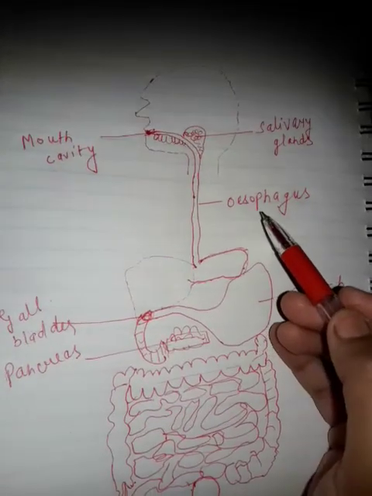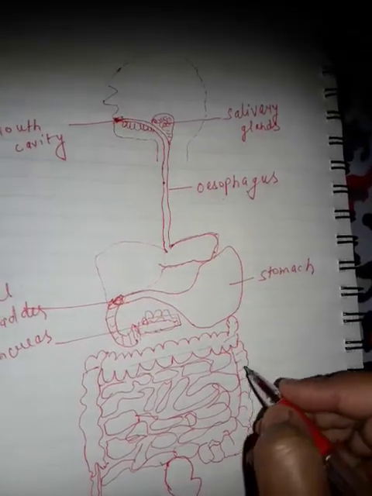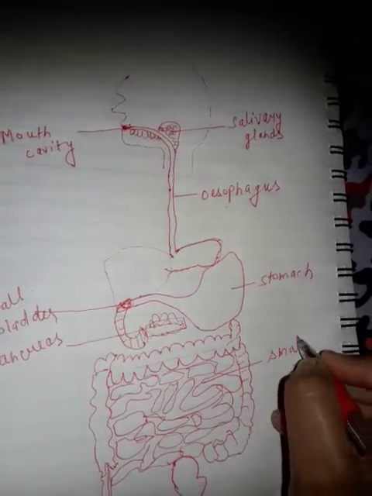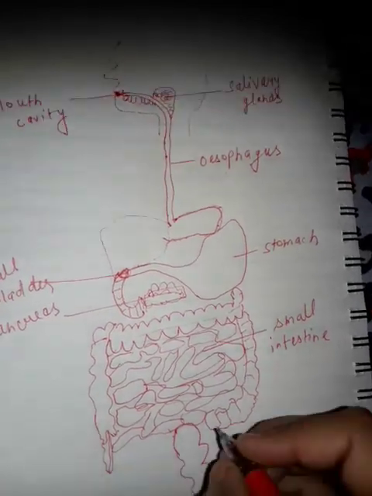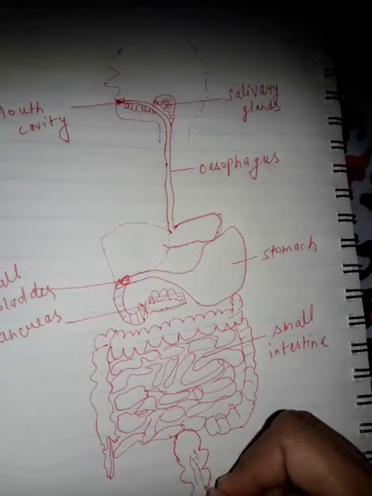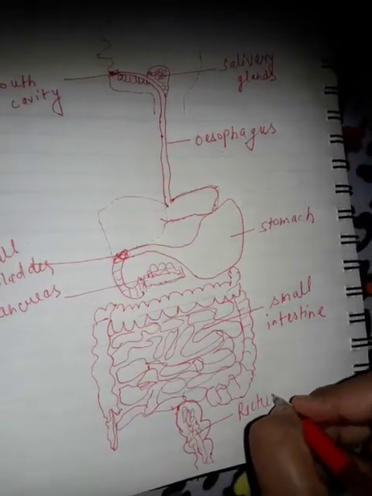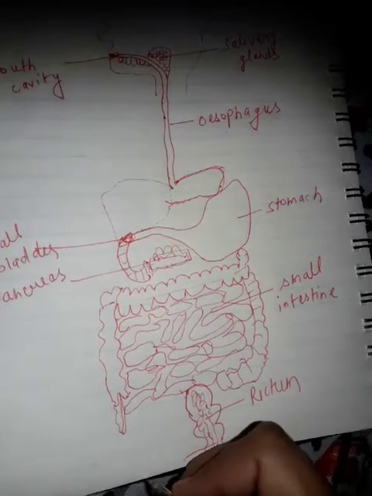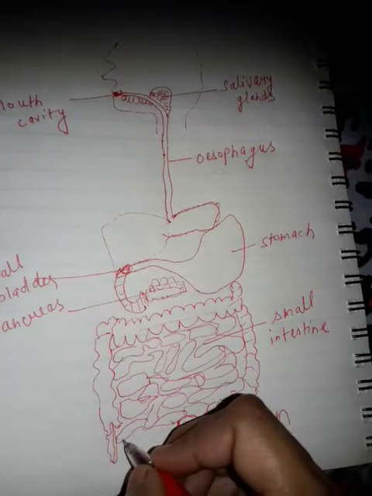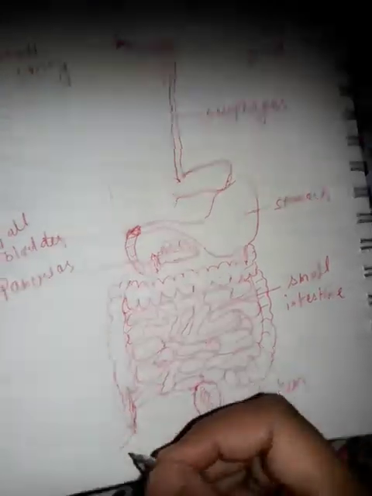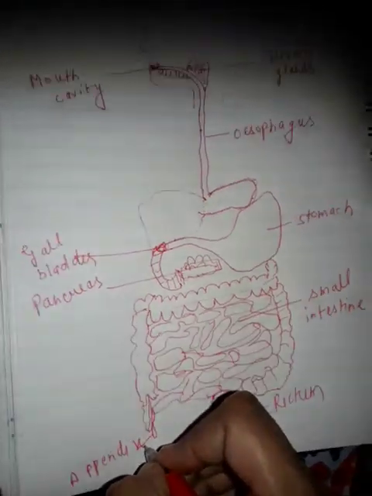Esophagus. As you can see, this is the esophagus, and here it is a stomach, and this one is the small intestine, rectum, anus, appendix, gallbladder, pancreas.